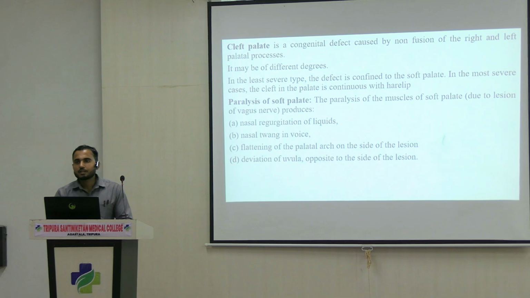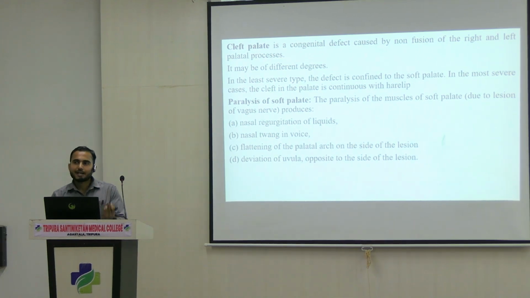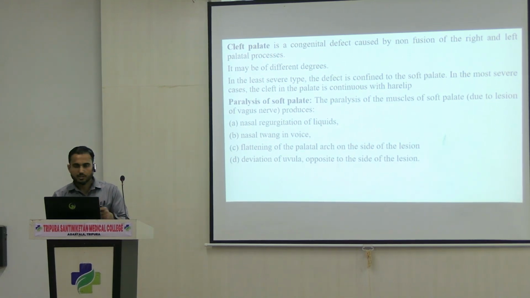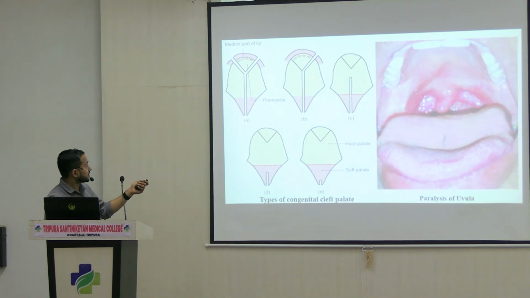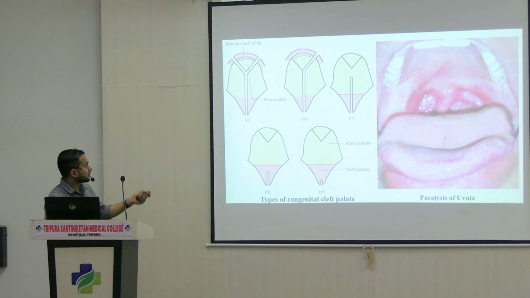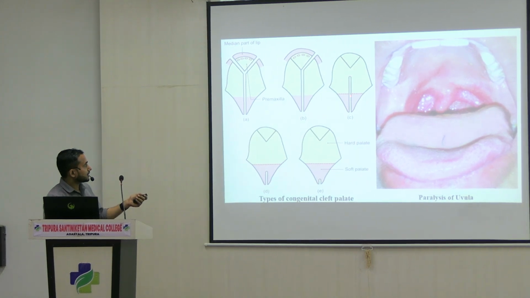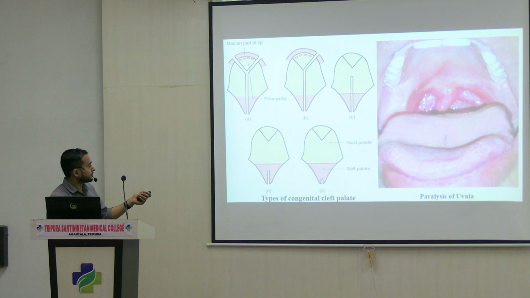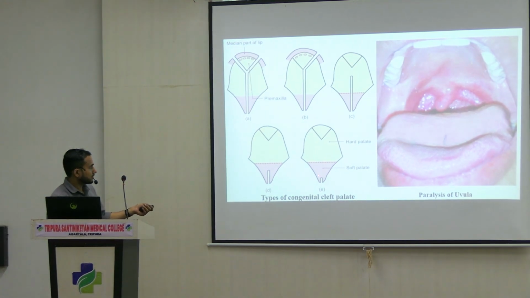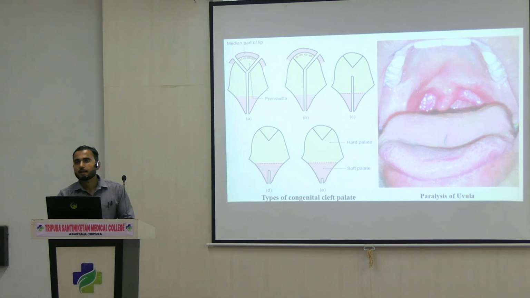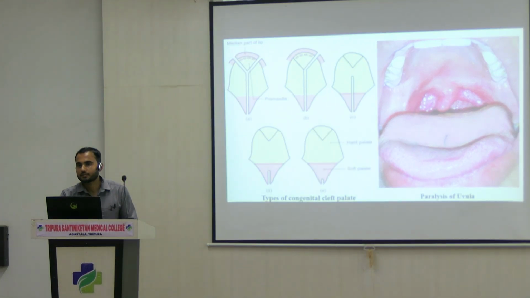It may be bilateral or unilateral. Let me show the diagram. Here you can see this is a bilateral cleft palate, this is a unilateral cleft palate. This is a partial cleft palate, then this is a cleft soft palate, and this is a bifid uvula. So these are some congenital anomalies of the cleft palate.